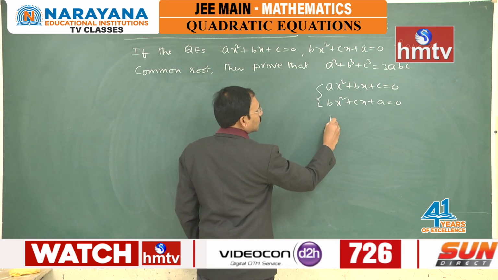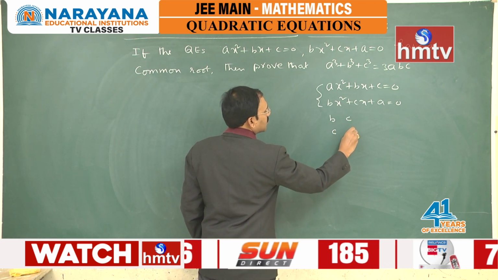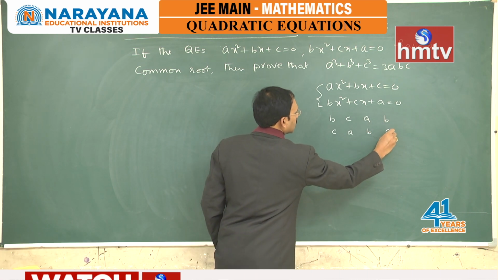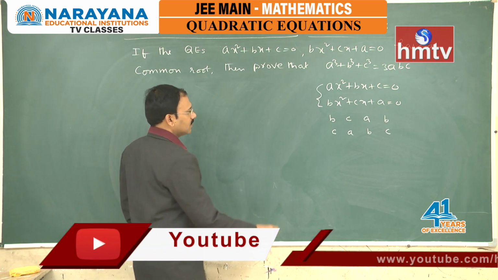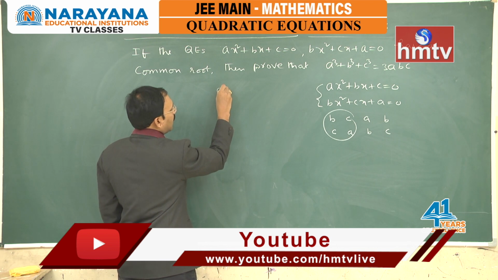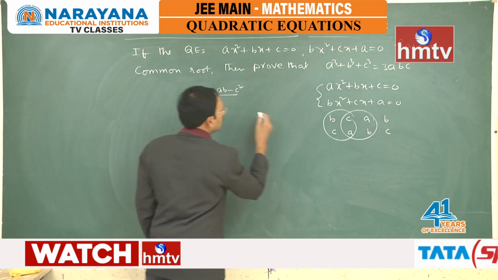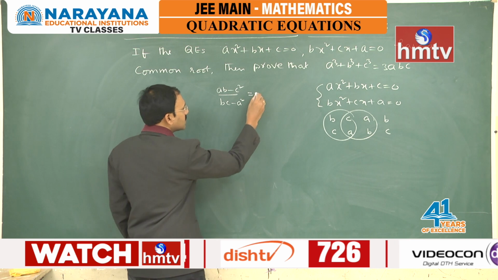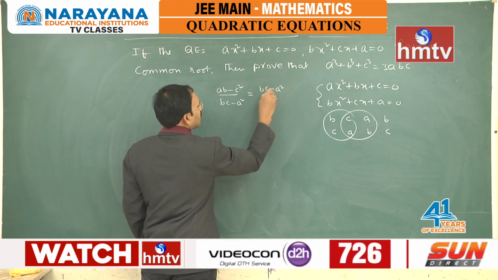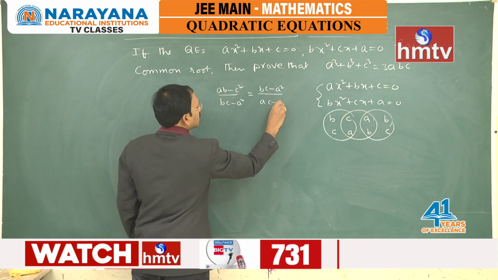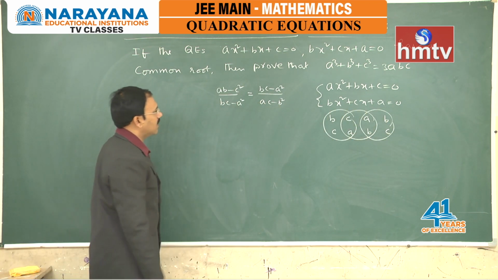First I write the x coefficients, then constants, then x square coefficients, then repeat the first. Now, as they have a common root, the first determinant, that is ab minus c square, by the second determinant bc minus a square, is equal to the second determinant bc minus a square by the third determinant ac minus b square.